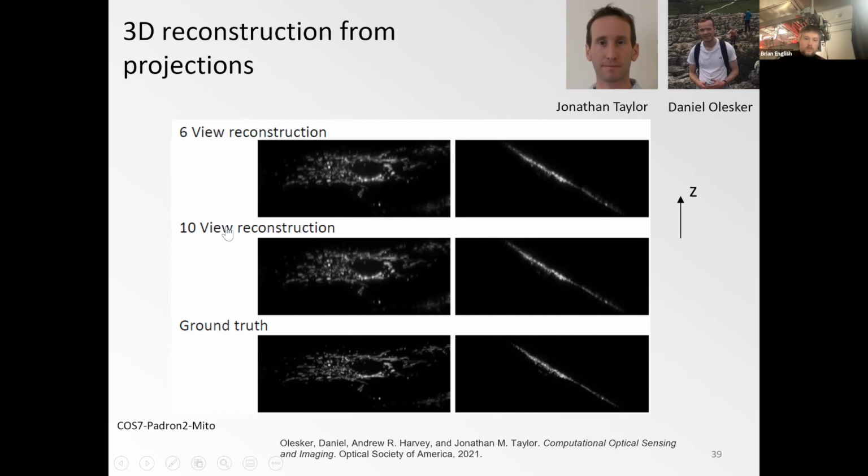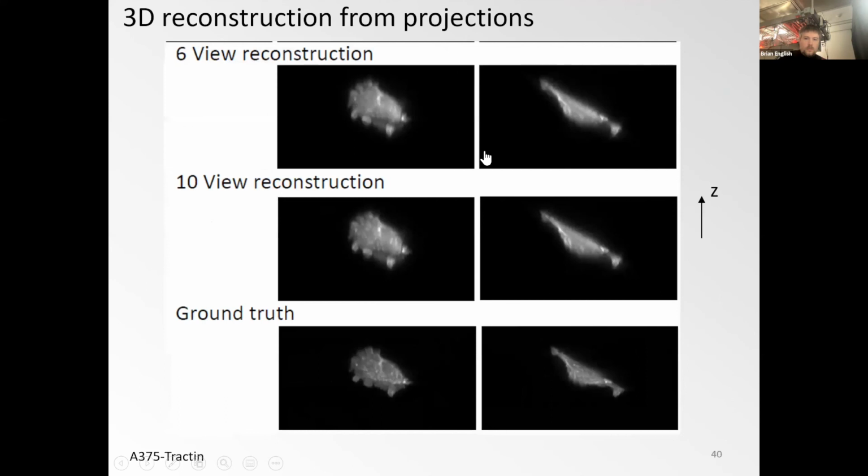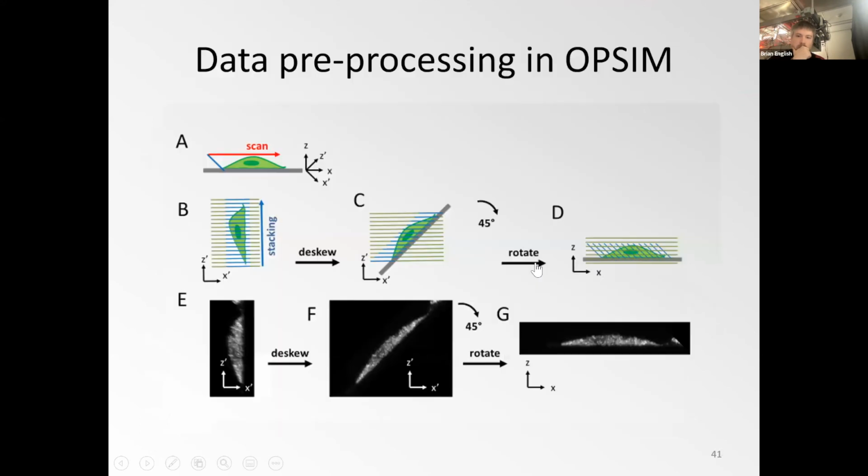From 6 or 10 views here, these are mitochondria on the coverslip shown in Z, you can infer 3D information, or here it's a larger cell. It's not yet as crisp as if you acquire a true stack, but you can see that 3D information can be inferred. Nevertheless, I've got to move on.